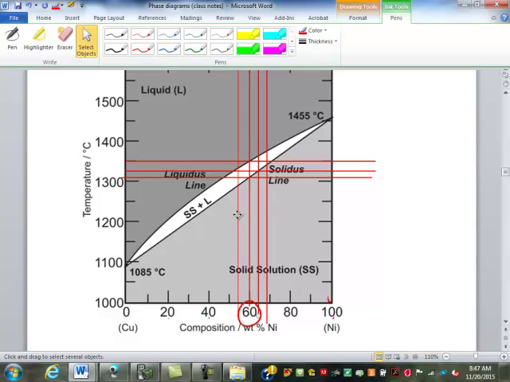Now I'm going to do a similar thing with that line over here. That's where it's all liquid, where it intersects the edge of that bubble. You can see down here that's not at 60% nickel anymore. It's only about 52% nickel, 53% nickel.